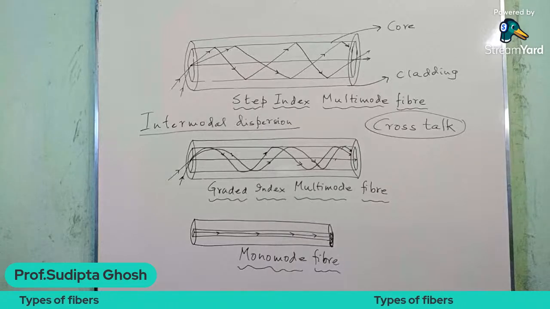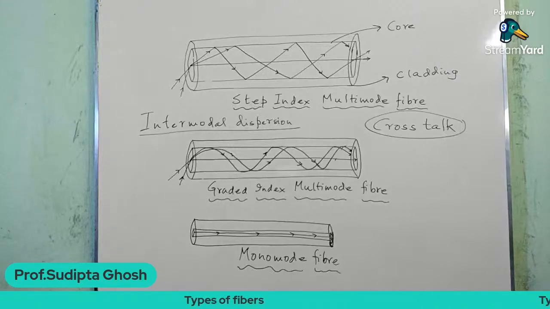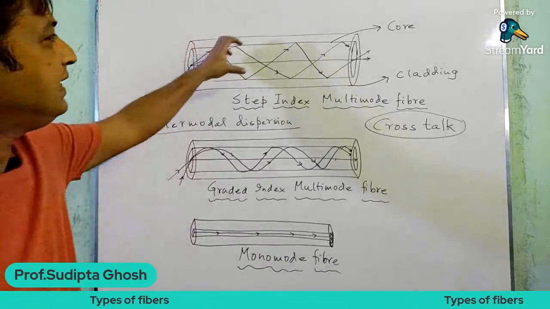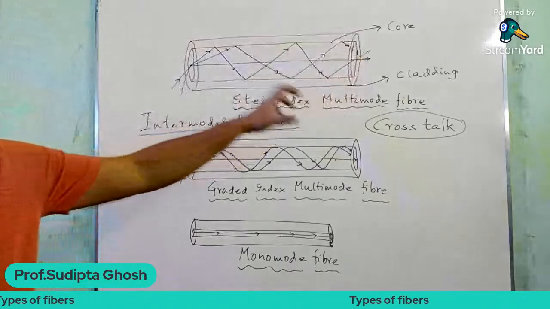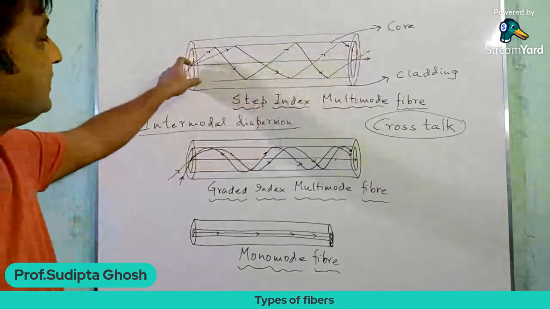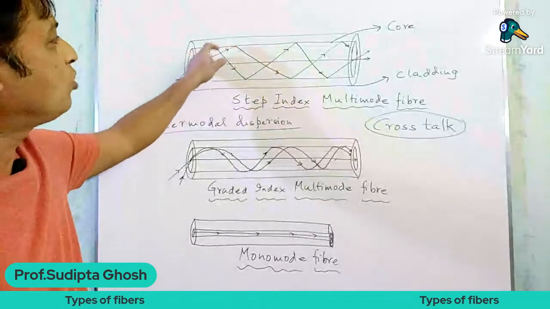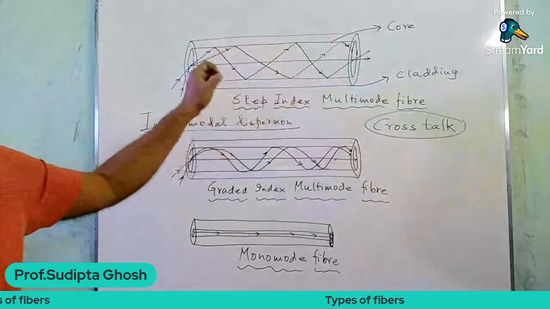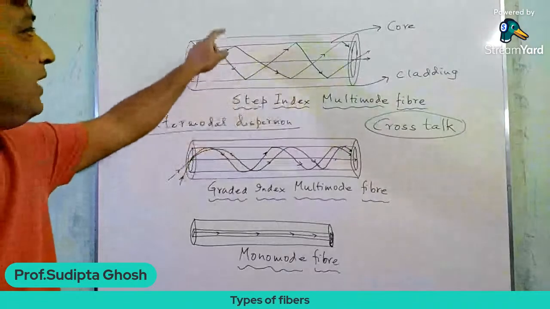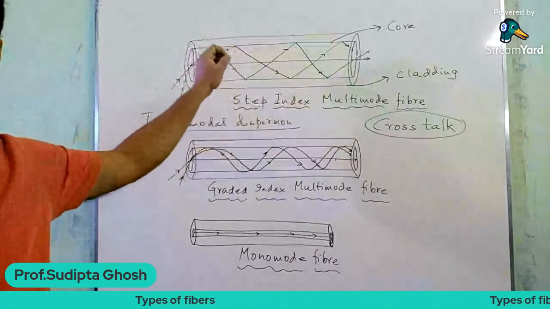To make sure that the light always remains inside the core, whenever the light ray reaches the core cladding interface, the angle of incidence must be greater than the critical angle.